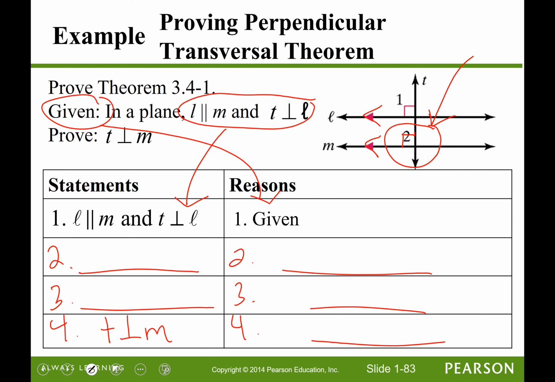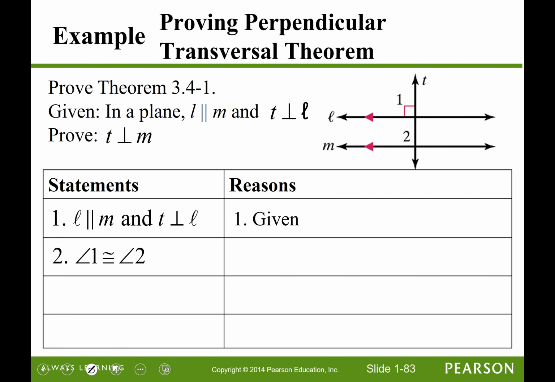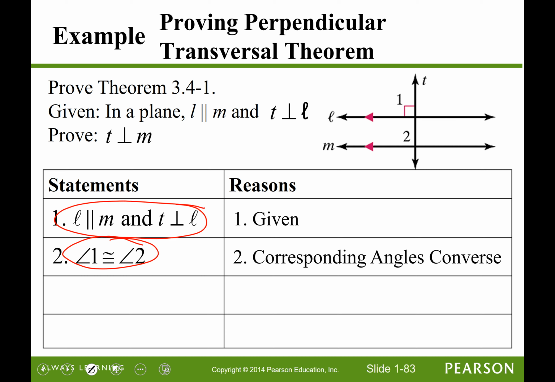Our first statement would be angle 1 is congruent to angle 2. Justification: corresponding angles converse. So statements are all things like the congruent markings, the parallel markings, the perpendicular code, or an equation. If you had an equation, like adding two things together to equal 180, all of those things go in the statements column.